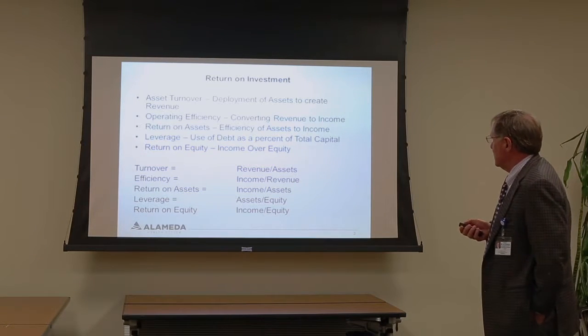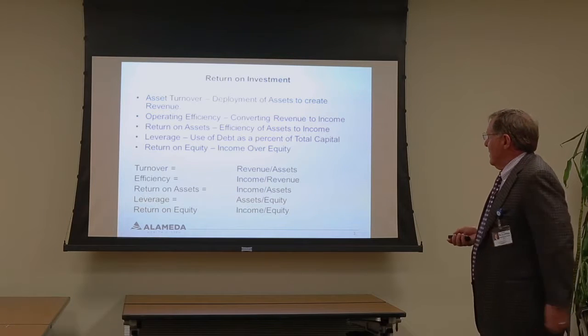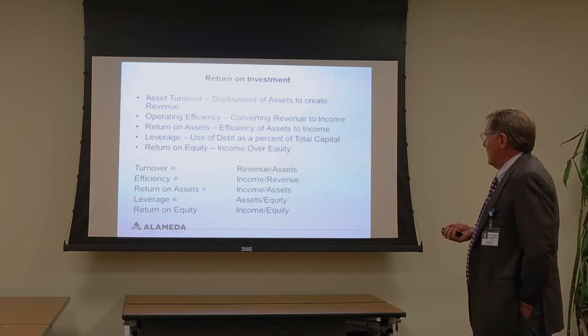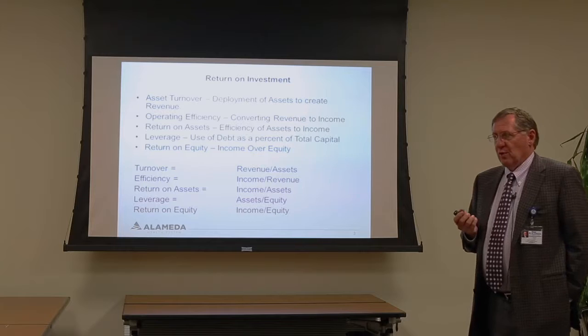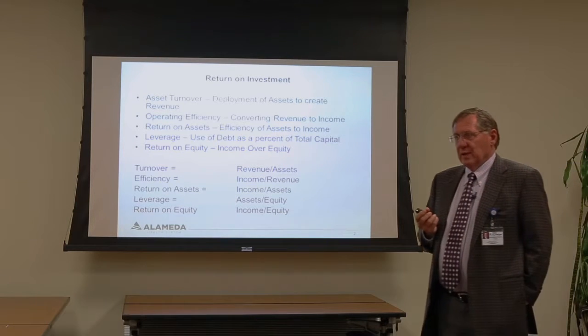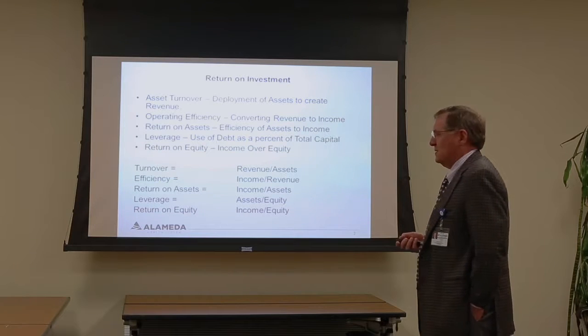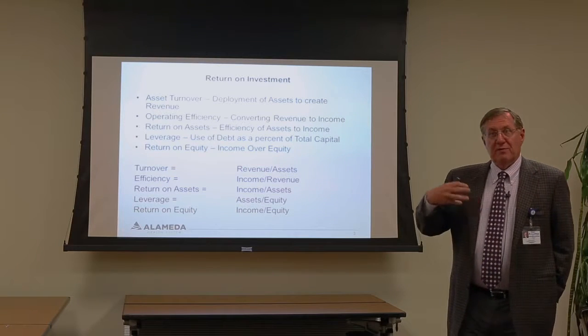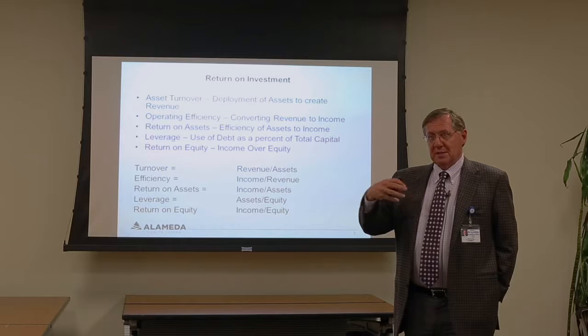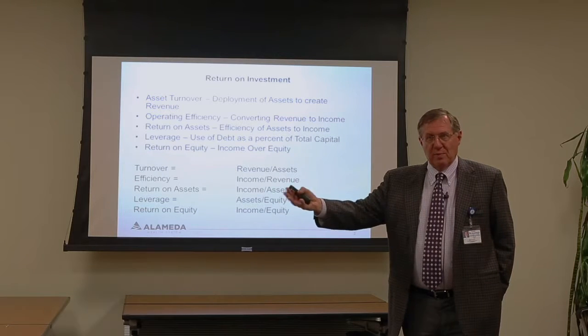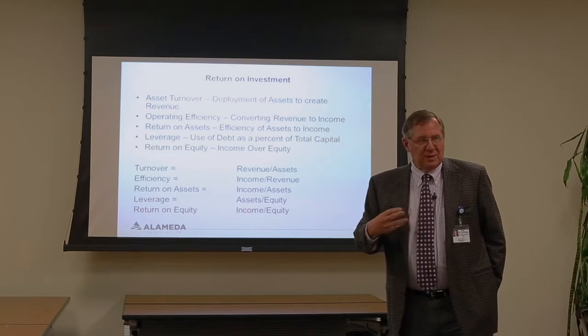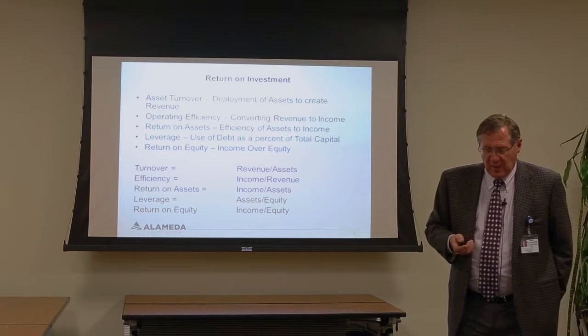So the way this works is the first thing we start with when you look at an investment is something called turnover. Okay, turnover is the relationship of revenue to assets. So if we make an investment, that's an asset. All right, we bought some equipment or invested in a building or did something like that, IT, whatever.